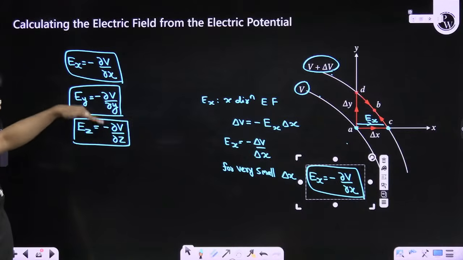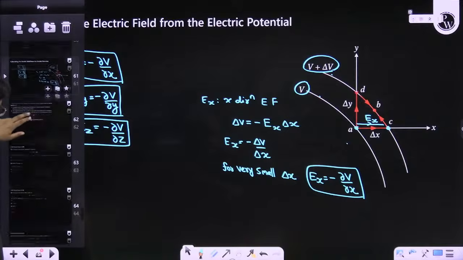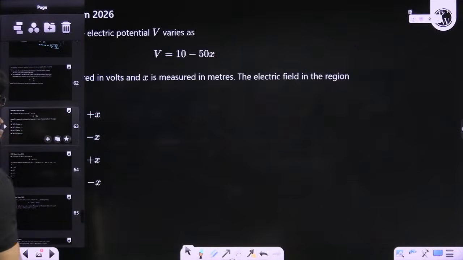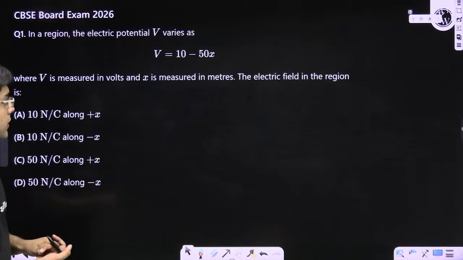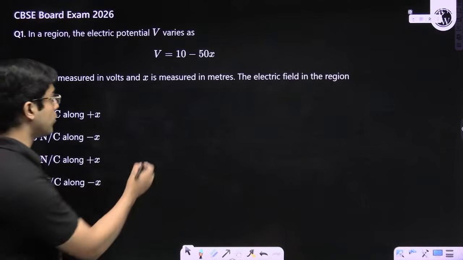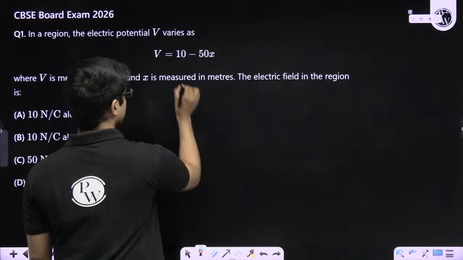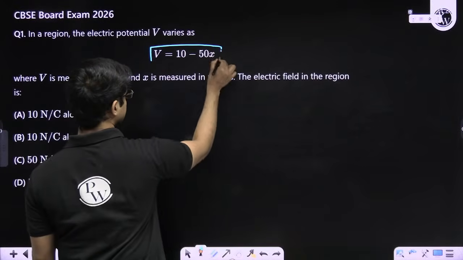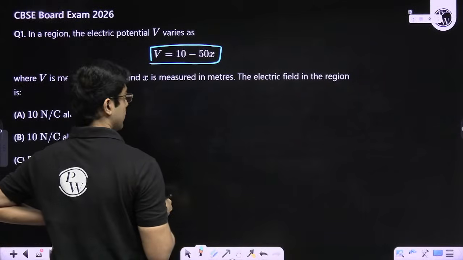Now, what does partial derivative mean? I'll explain that using a question. Okay, we'll do a question and understand that. So this is a CBSE question, and here potential is given as 10 minus 50x, and the question is find the electric field.